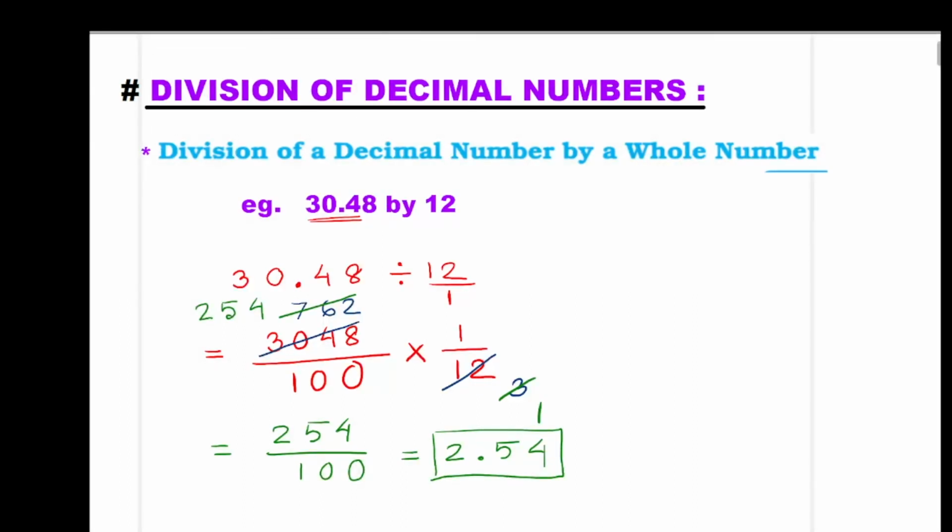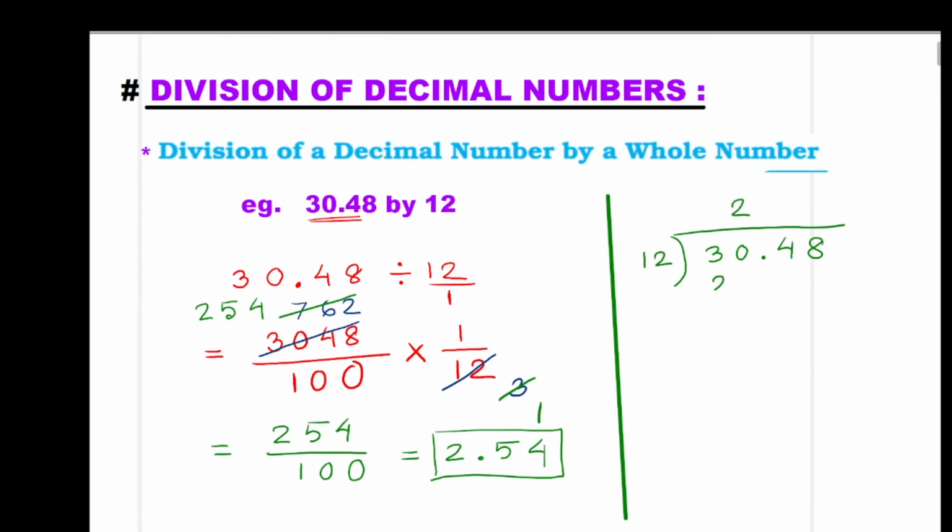Or you can do it like this also. I will show you both. 12 into 30.48. So 12 ones are 12, 12 twos are 24. 6 will be the remainder. Here there will be a point, so that point will come here.